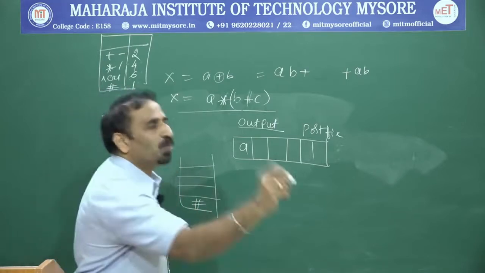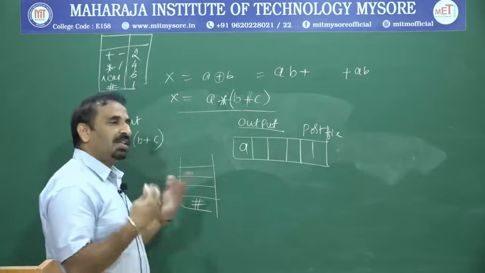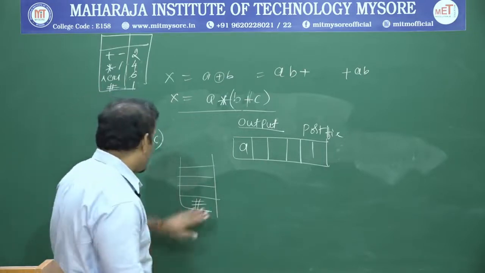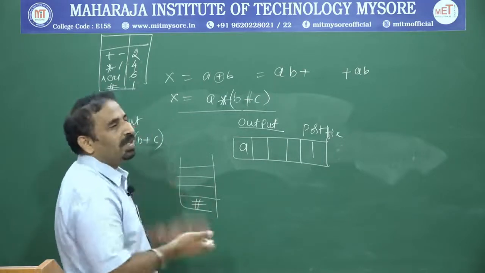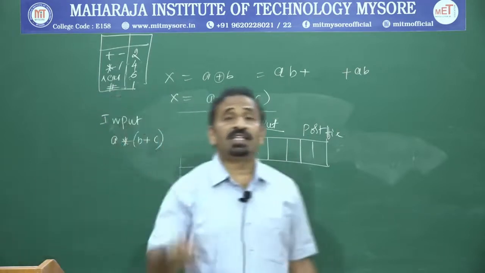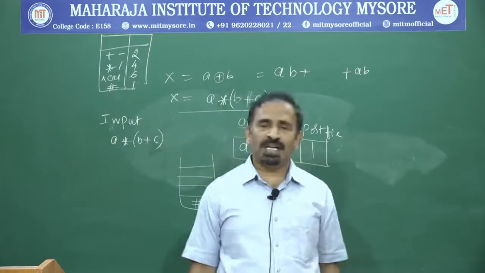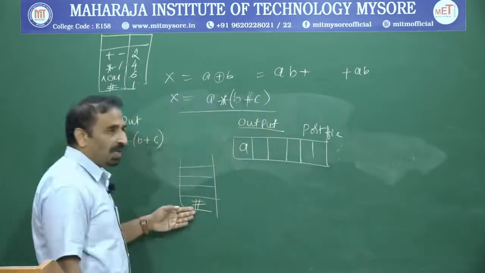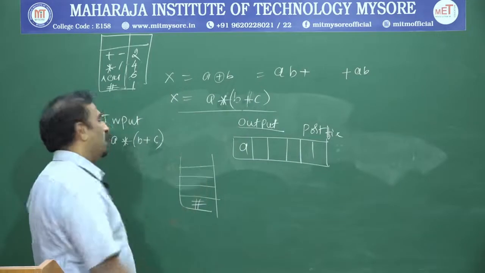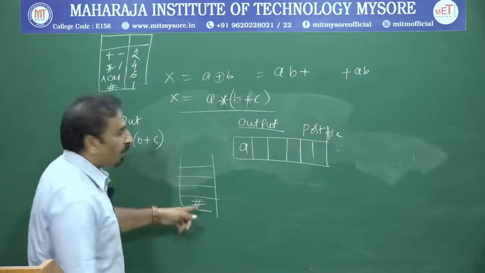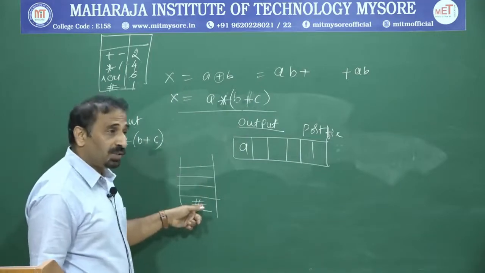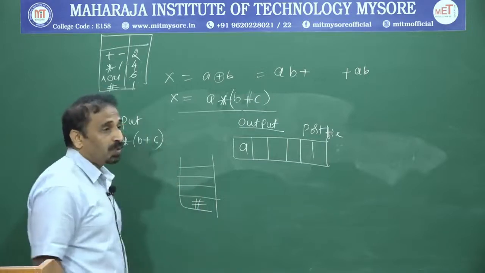I already told you, you push something in the beginning called hash. Hash is there inside the stack right now, just to indicate this is the beginning, like in our earlier class I said stack top is equal to -1. So you would have already inserted hash, which has the lowest precedence.